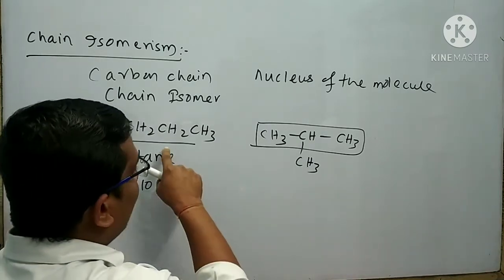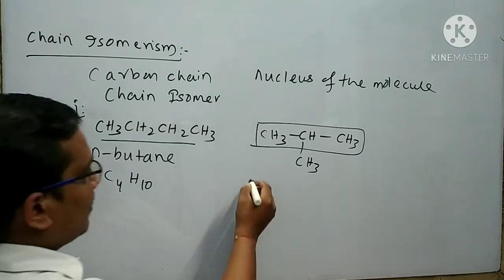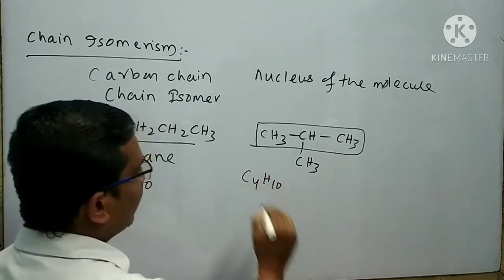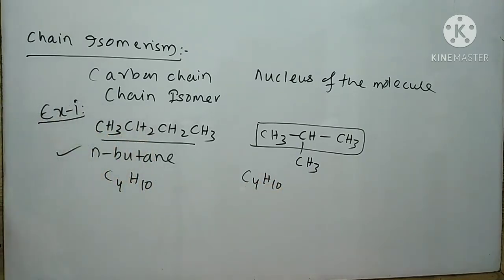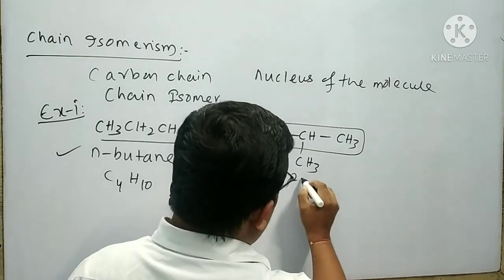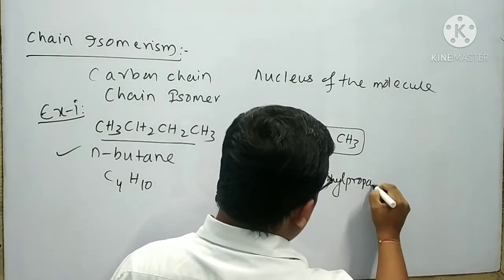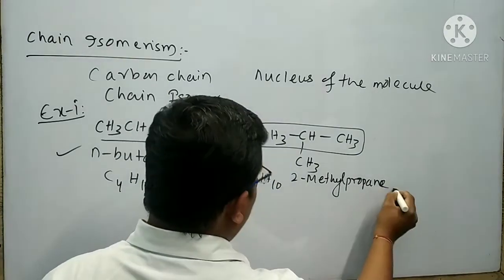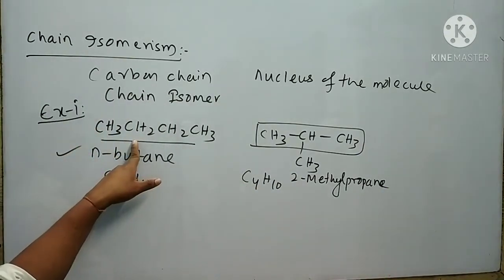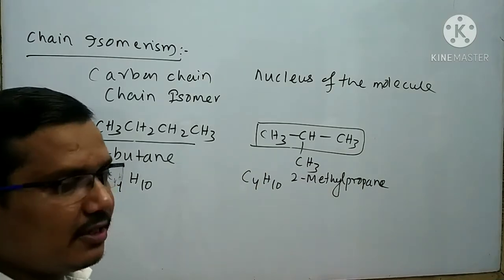So if I compare this to the previous organic compound, they have the same molecular formula but they are different in the structure of the carbon chain. The name of this organic compound is 2-methyl propane. Look at that, there 4 carbon atoms are present, here 3 carbon atoms are present in the parent chain.